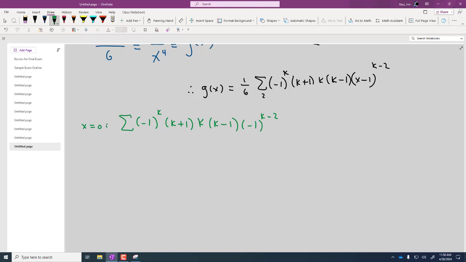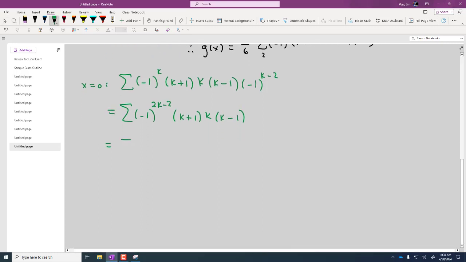You could even do it in your head, but when you combine these -1s, you get 2k minus 2. What is the parity of this exponent? Odd or even? Always even. So that is just equal to 1. We don't even need it in there because it's equal to 1. So this is what we have.